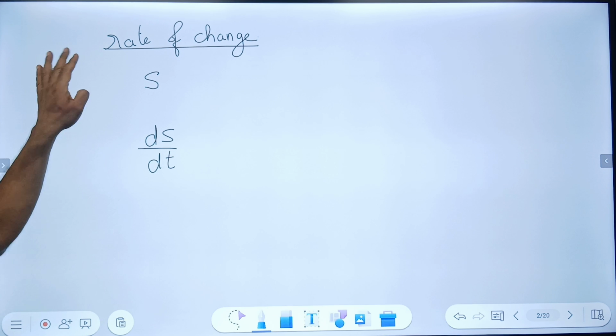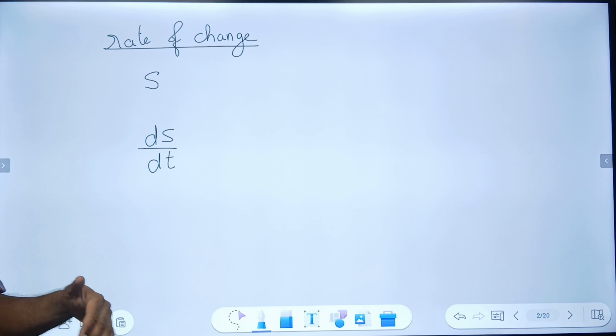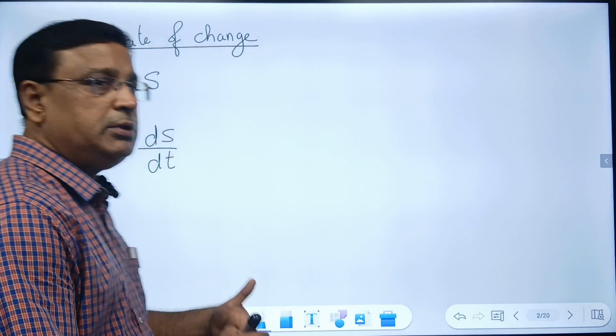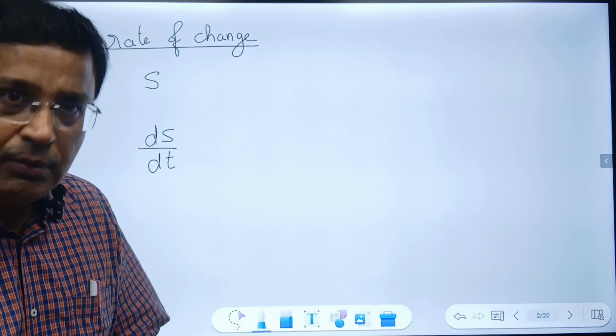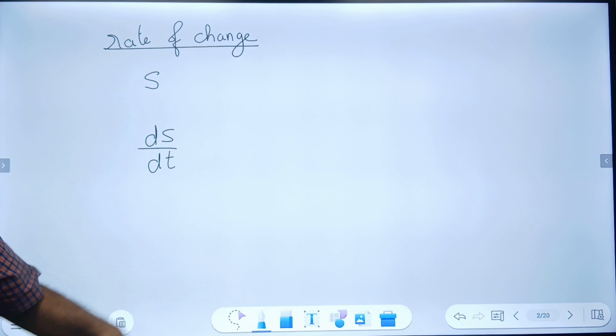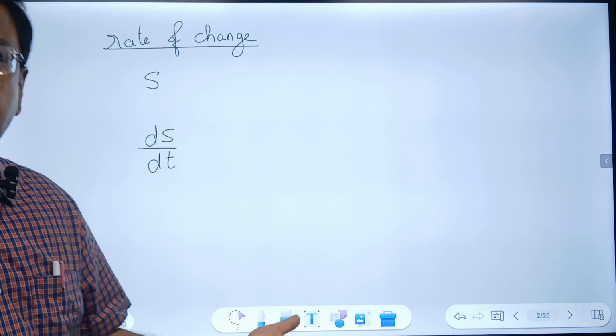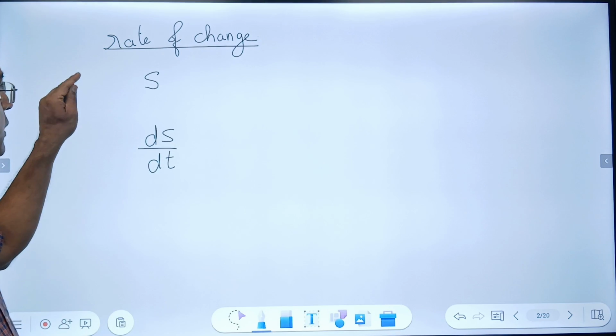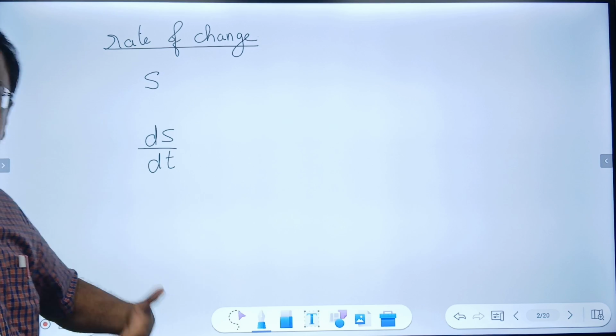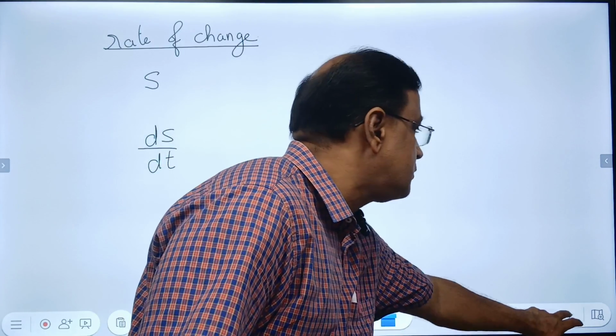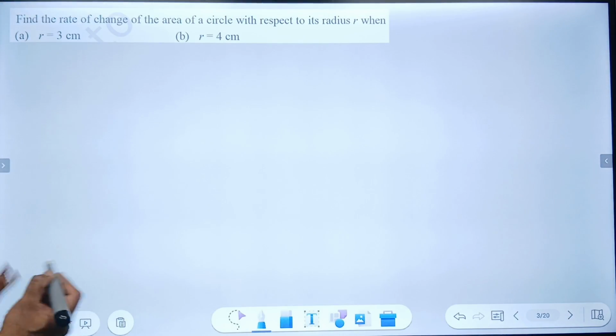So rate of change means a variable that changes with respect to time. Change can take place with respect to any variable, but here in particular, if it is with respect to time, you call it rate of change. Now let's do some problems and then we'll see what we can do.